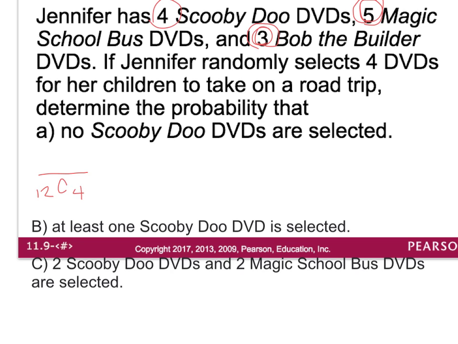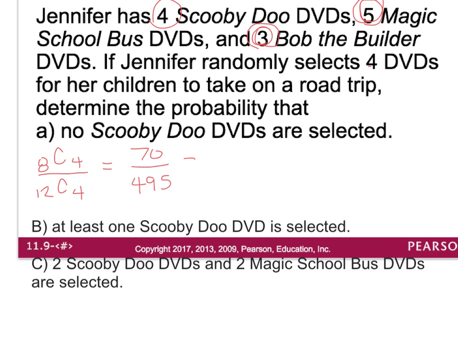We don't care which of those that we get, just no Scooby-Doo. So there's 8 DVDs left that are acceptable for us. And of those 8, we are going to take 4 on our road trip. So we'll have to do 8 combination 4, which will give us 70. And 12 combination 4 will give us 495.